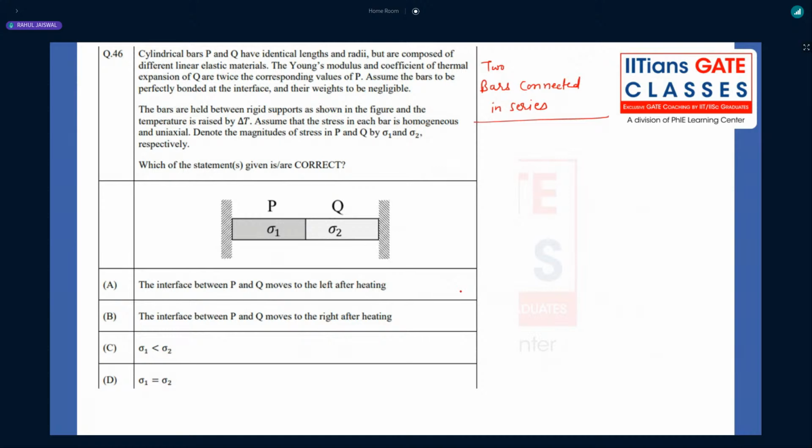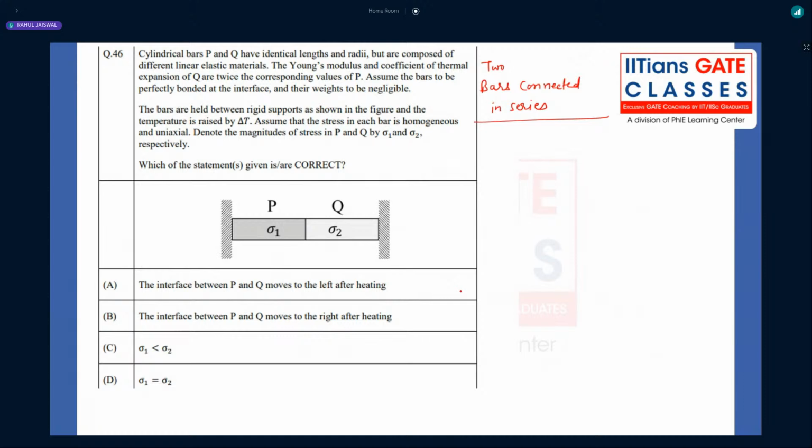We have discussed all these possible scenarios of generation of thermal stresses in the bars, right? Subjected to maybe thermal loading or mechanical loading. Now here in this question they have not mentioned anything about the external load, right? They have not mentioned anything, so it's purely the concept of thermal loading. So only thermal stress will be developed, right?